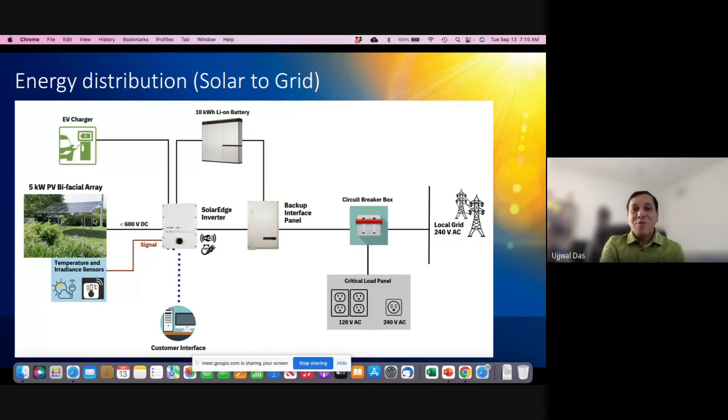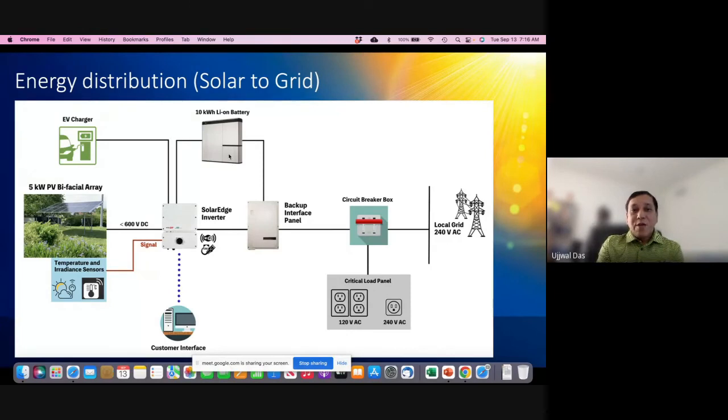The only moving part is the electron, which is inside the semiconductor. It does not degrade or decay anything, unlike all other forms of energy, like wind, thermal, nuclear. They need to have turbines and rotating things. So it does not have too much maintenance cost for the solar panel itself.